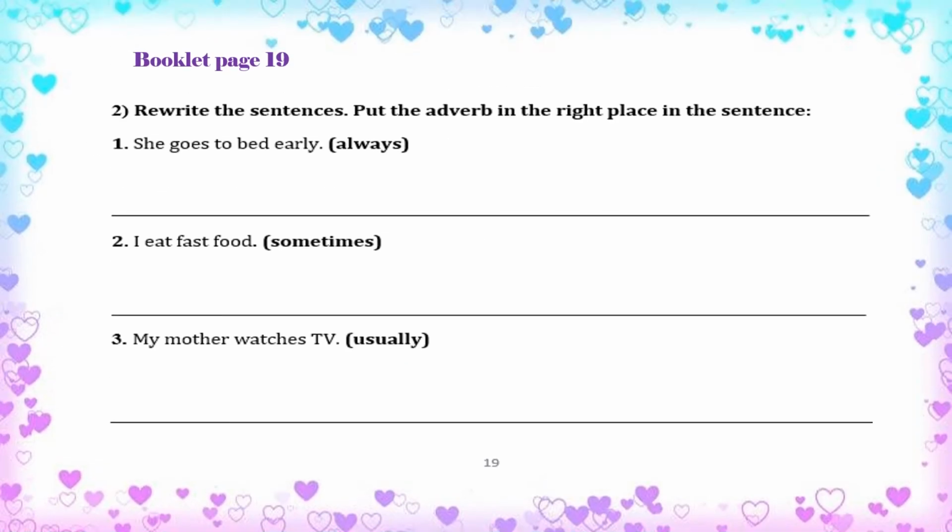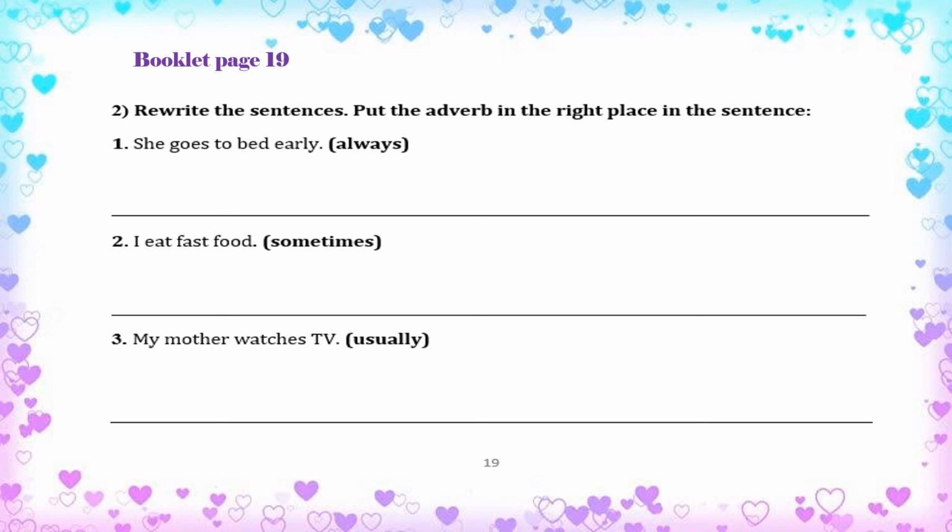Let's move to the second exercise. Rewrite the sentences, put the adverb in the right place in the sentence. We've already taken the correct order of the sentence and of the adverbs when we put them in the sentence.